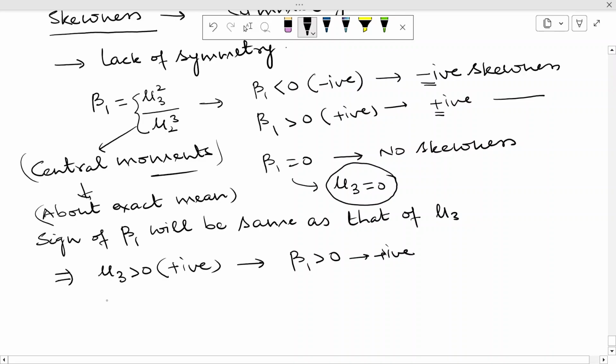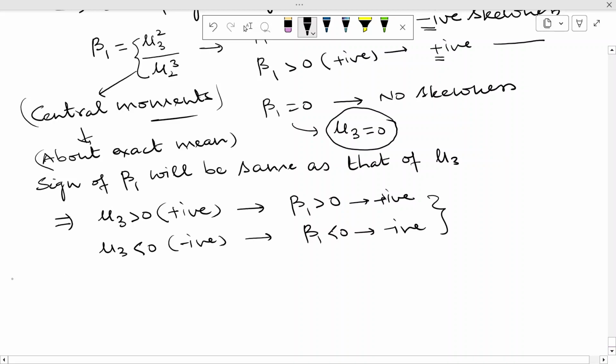If mu 3 is less than 0, or negative, we will consider beta 1 as less than 0, or negative. So the sign of beta 1 totally depends on the sign of mu 3. And whenever we have to find the value of beta 1, we have to find the second central moment and the third central moment.